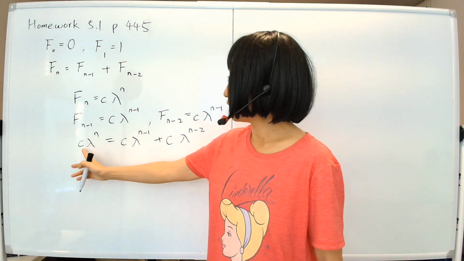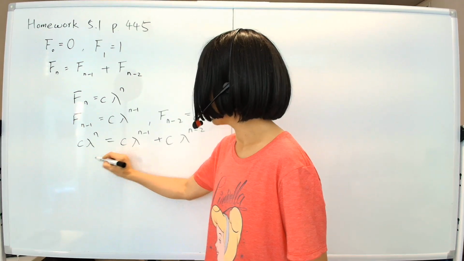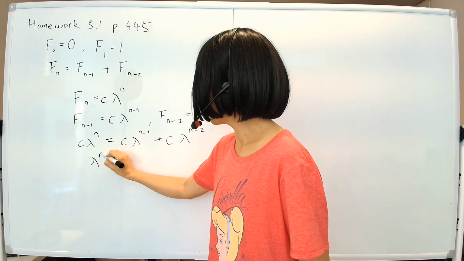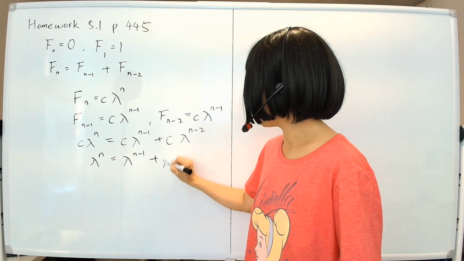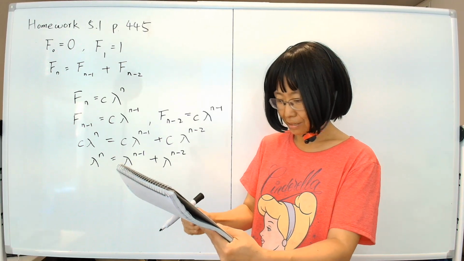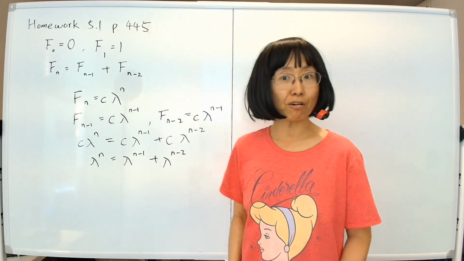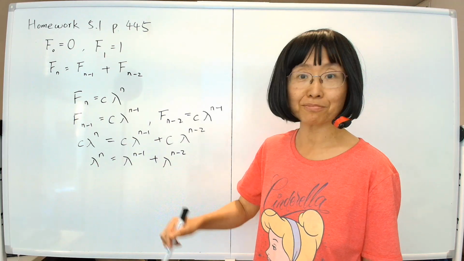Luckily we have c on each part, so we can get rid of the c, and we get lambda to the n equals lambda to the n minus 1 plus lambda to the n minus 2. How do I know this is pronounced lambda? I could be wrong here, but let's ignore that. I'll look it up later to see how to pronounce this letter.